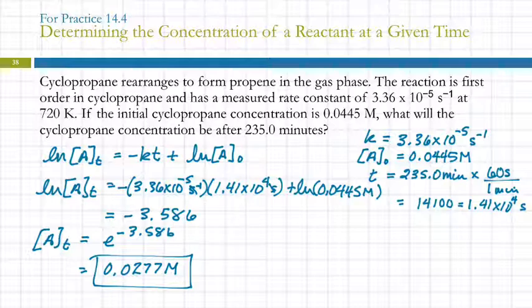Is that a reasonable concentration? The one thing we know is that it has to be less than the initial, right? The reactant concentration will go down with time. So if it went up, check your math. Any questions?